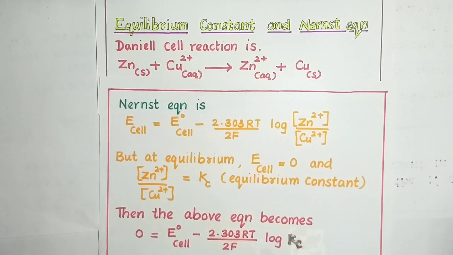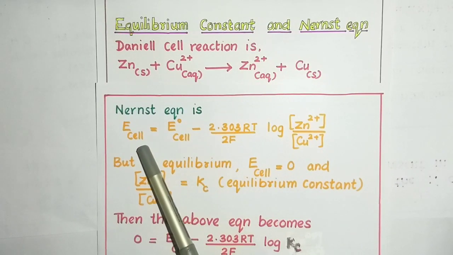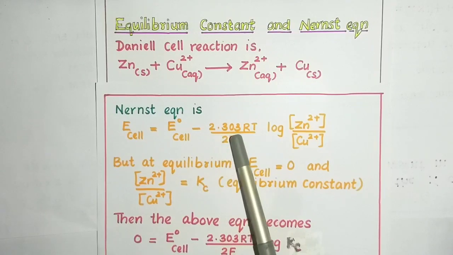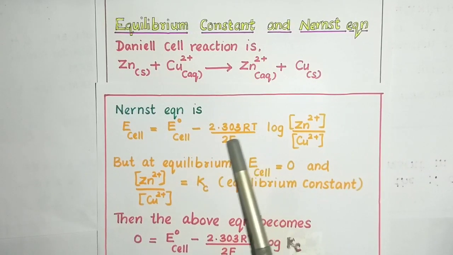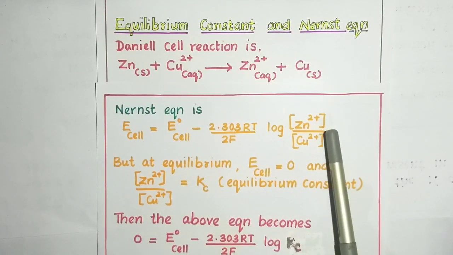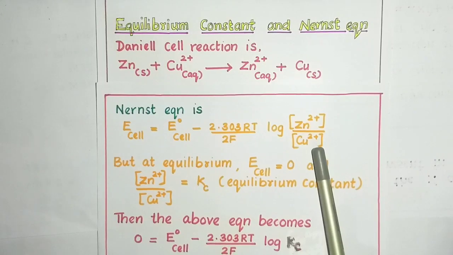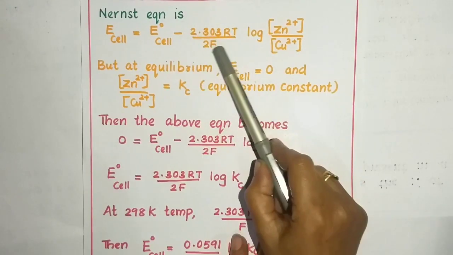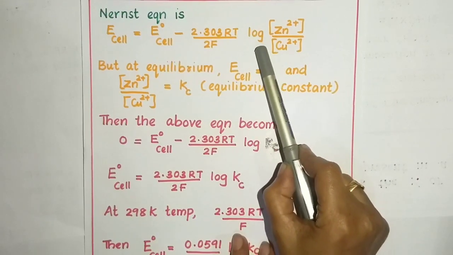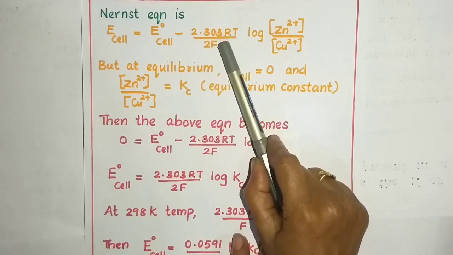For this Daniell cell, we can write E cell is equal to E0 cell minus 2.303 RT by 2F log Zn2+ concentration divided by Cu2+ concentration. 2.303 comes because instead of ln we write the logarithm to the base 10, so the value is multiplied by 2.303.